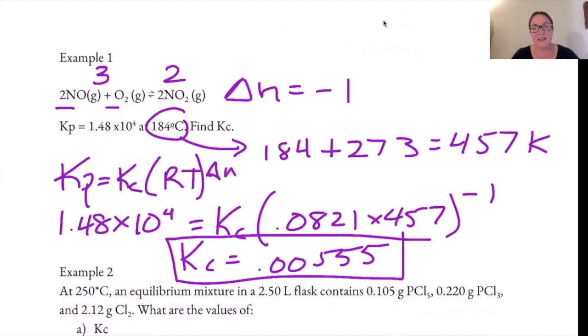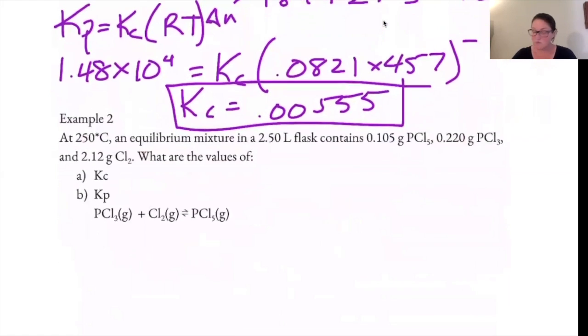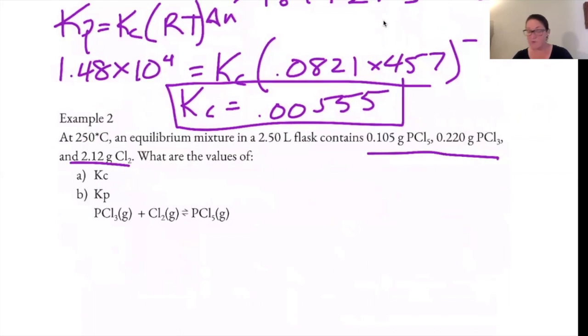Okay, the second example is a bit more complicated because first we have to find Kc and then we're going to find Kp. Additionally, they gave us some information about equilibrium, how many grams of each one are present. If you want to try the problem and then pause and come back and look for the solution, great. If you want to just go through it with me, that works too.